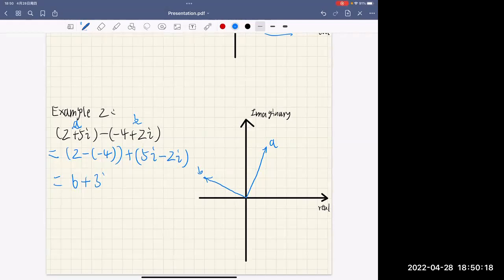We don't need to change its magnitude. We just need to flip its direction, like 180 degrees. So this dotted line here should be minus B. And for A minus B, we just need to pan it from the origin and match the tail of minus B to the tip of A.